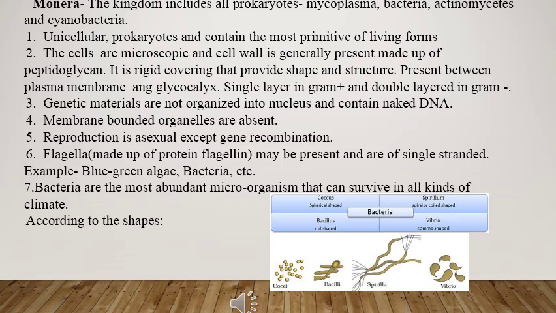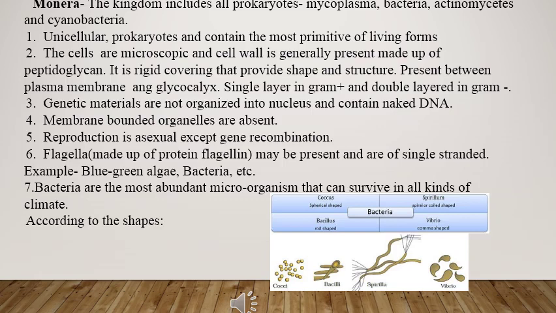As it is a prokaryote, the genetic material is not organized because of the absence of the nuclear membrane. So the DNA, deoxyribonucleic acid, the genetic material, is seen naked in Monera. The membrane-bound organelles are absent.